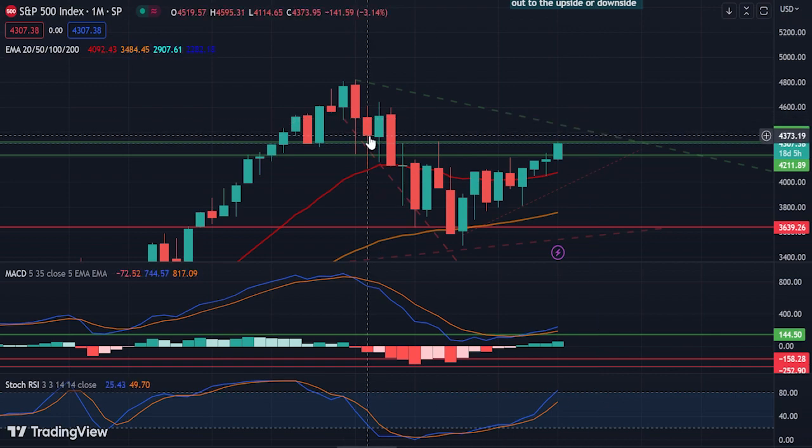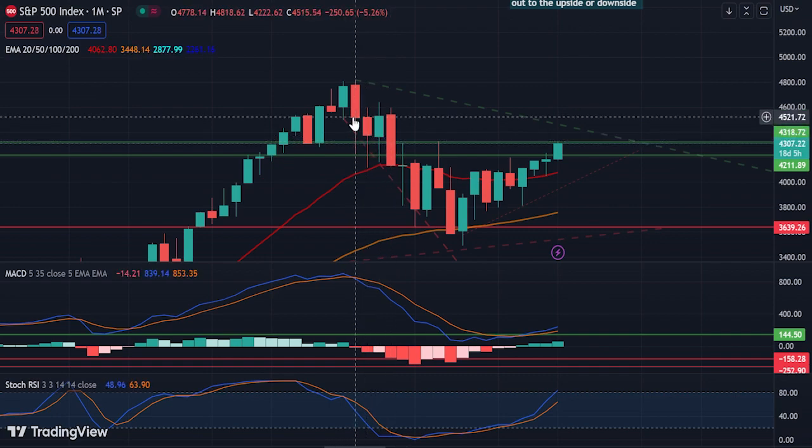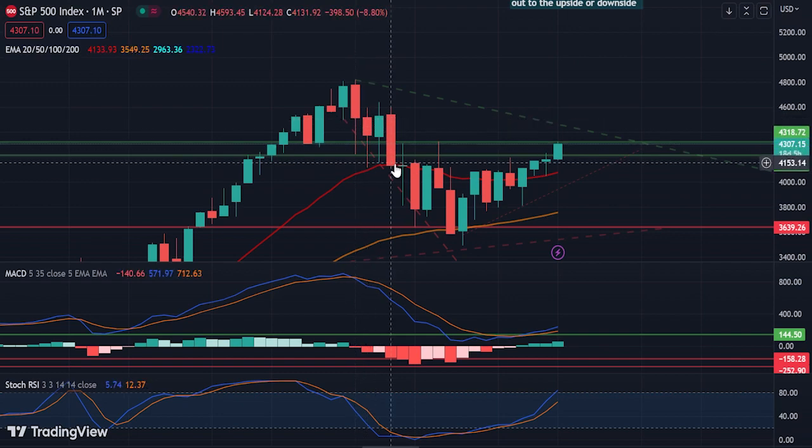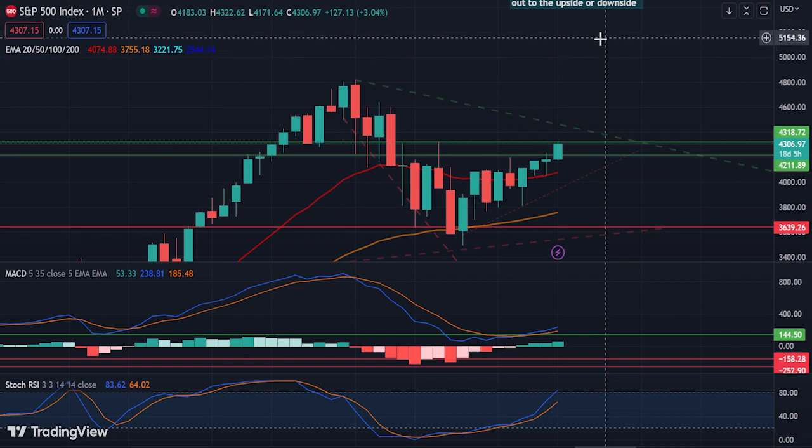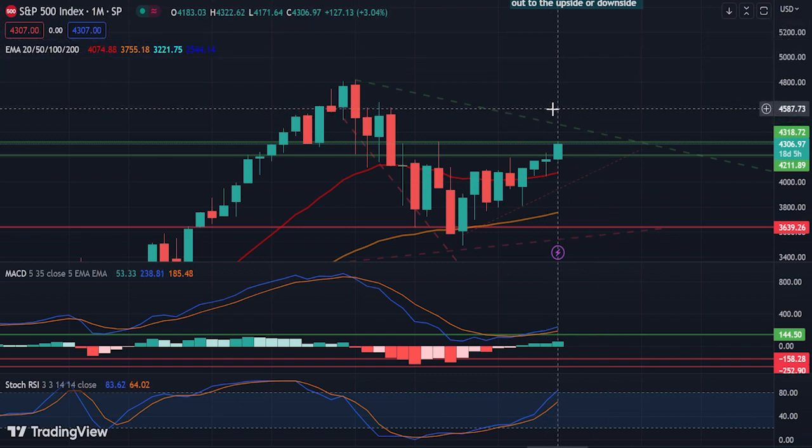Because as seen in the past here, we were only able to hold that maybe for 4 months. We kind of traded sideways before having this leg down here, and then traded sideways. We've basically been trading sideways all this time. We haven't gotten anywhere. So that would be a positive sign as long as it could sustain.